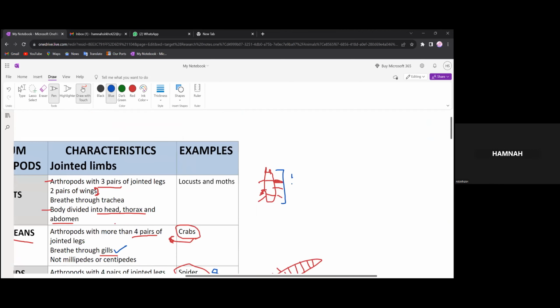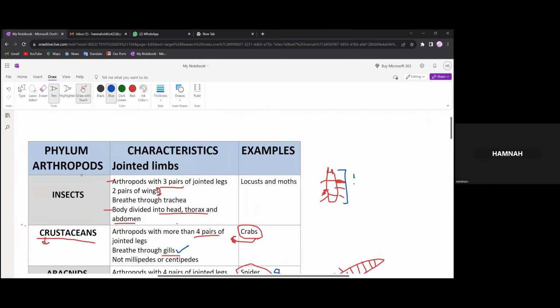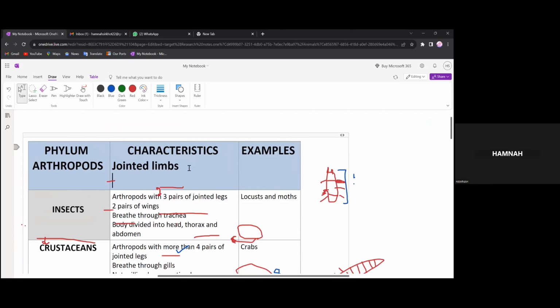So if you're asked to write any two characteristics of all arthropods, you would write they have jointed limbs and they have an exoskeleton, right? I will write this down as well.